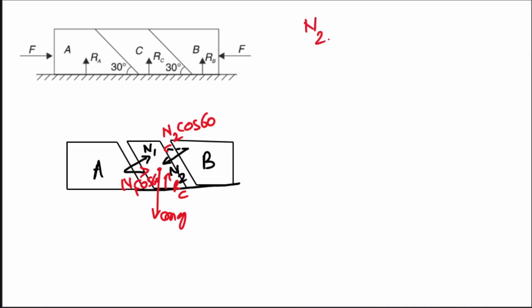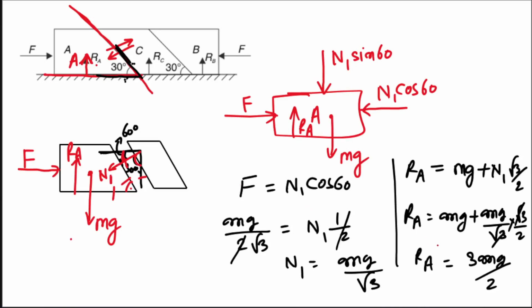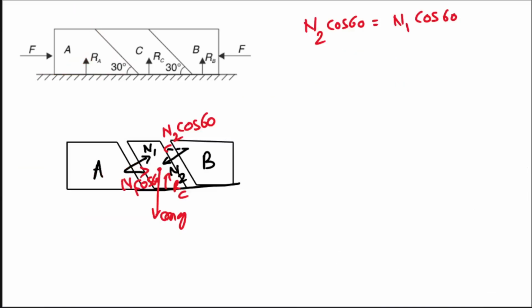So N2 cos 60 will be equal to N1 cos 60. Also, in the previous case, how much did N1 and N2 come out? N1 was mg by root 3, and N2 also came out the same. So N1 and N2 are same, right? And if they are the same, these two will get balanced, obviously. Done it? Because C is not moving horizontally, the horizontal force has to be balanced. So this is this. Now talk about the vertical forces.